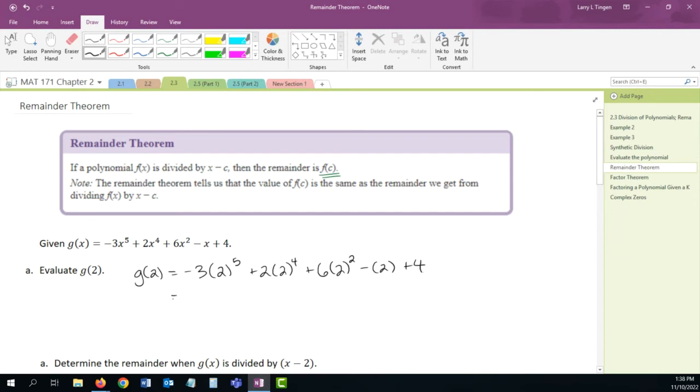Powers first because of order of operations. 2 to the 5th is 32. 2 to the 4th is 16. 2 squared is 4. Multiply -3 times 32 is -96.